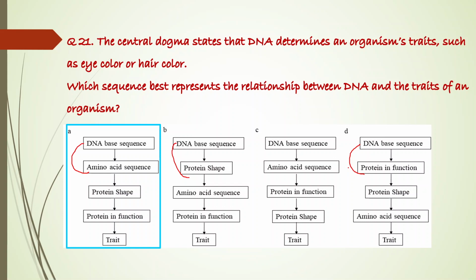From DNA we cannot directly go to protein shape, because protein shape will depend on what amino acids you are using to make that protein. So first from DNA you have to get the amino acid sequences. Once you know the amino acid sequences, depending on that the protein will take its shape.